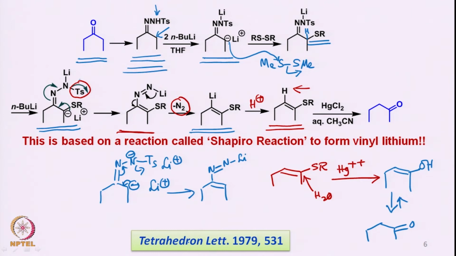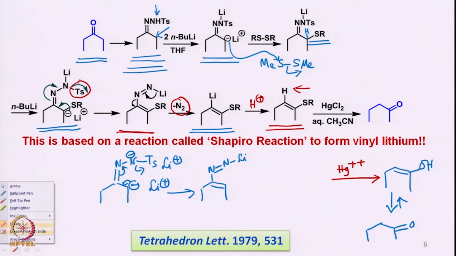to form this particular intermediate. And this is the intermediate that then loses the nitrogen and forms the corresponding vinyl lithium.